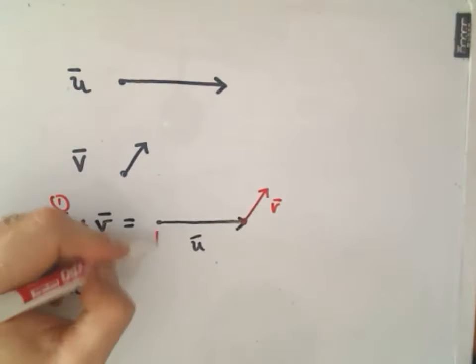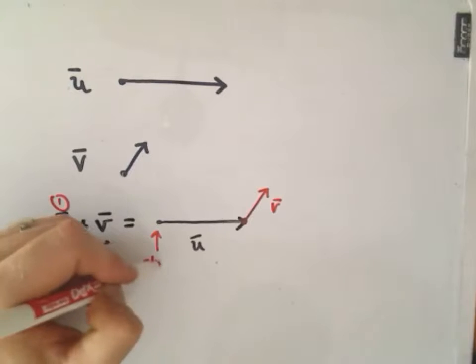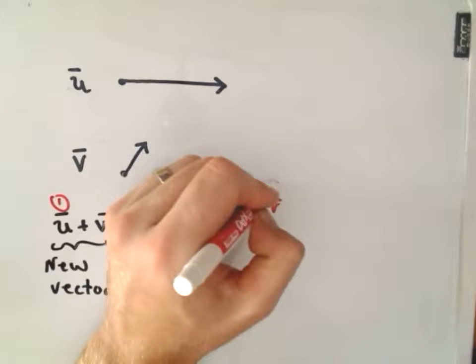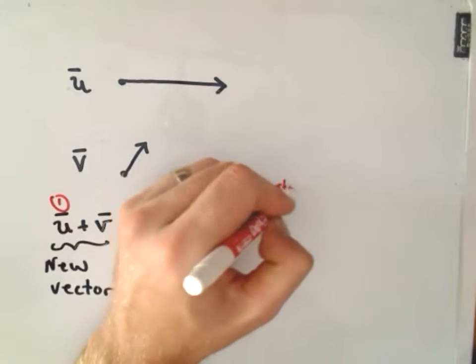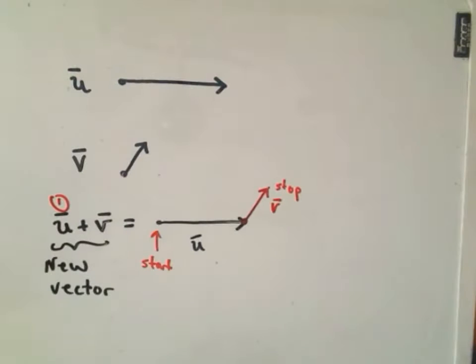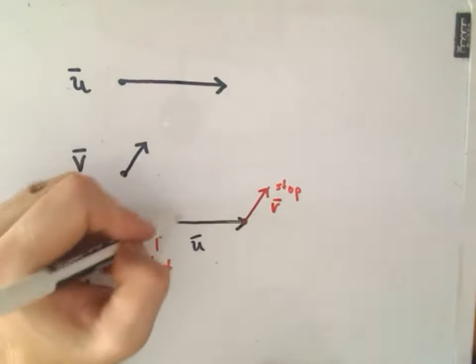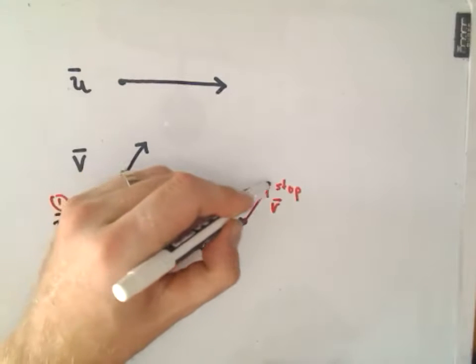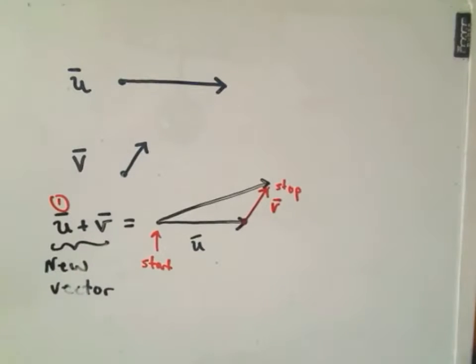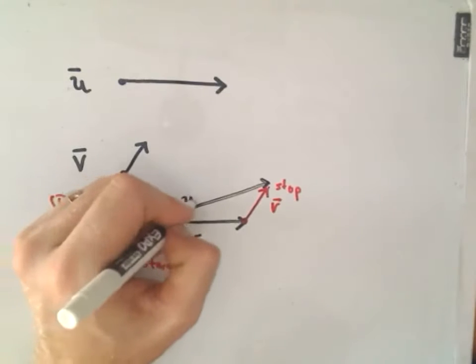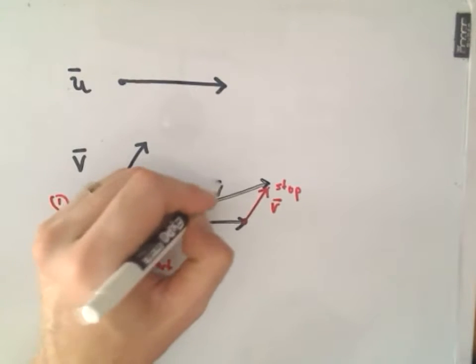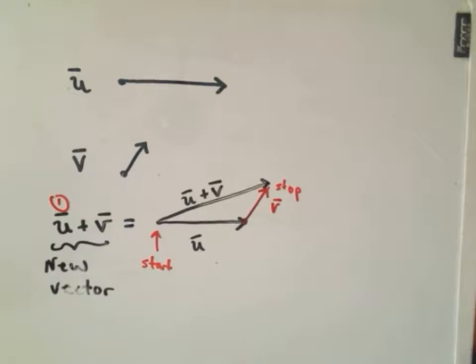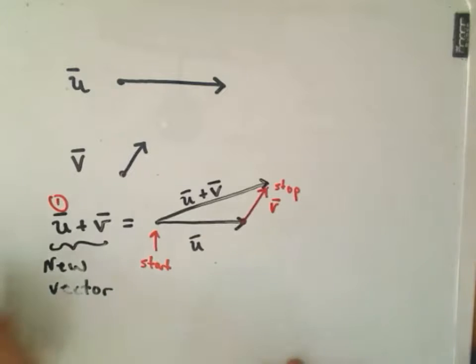If you think about it, we started with u. This is the starting point. v takes us up to here. This is the stopping point. What we do is we make a vector that starts at the start of u and stops at wherever v took us. Okay, so there's a new vector, and this new vector that I've drawn would be the vector u plus vector v.